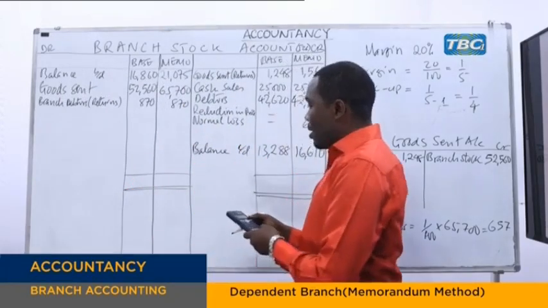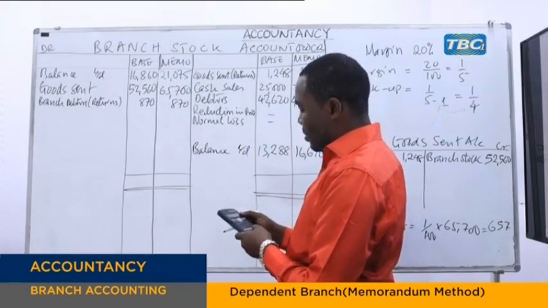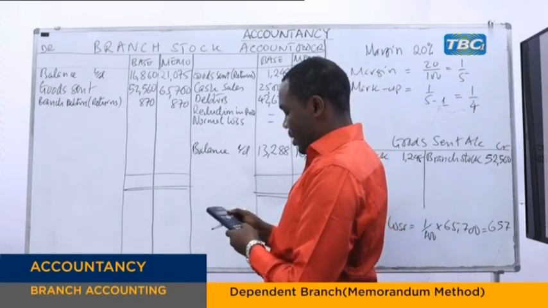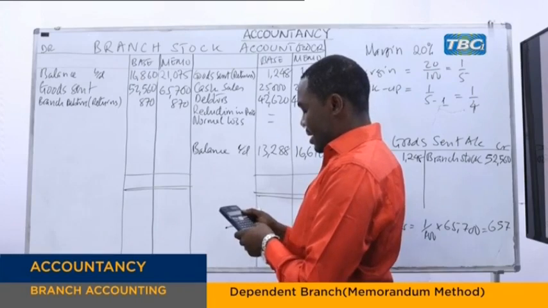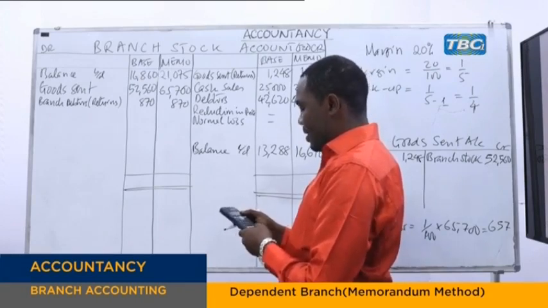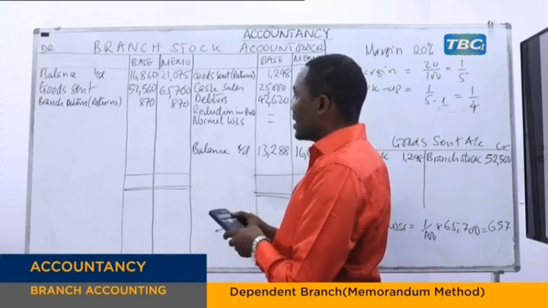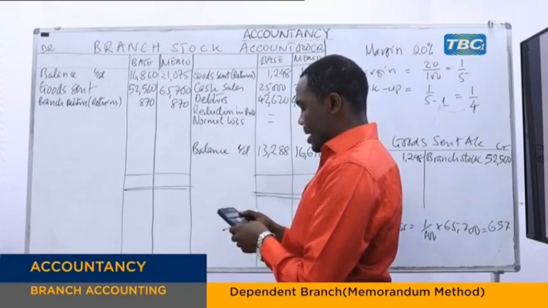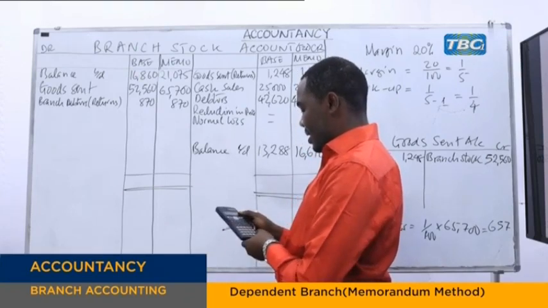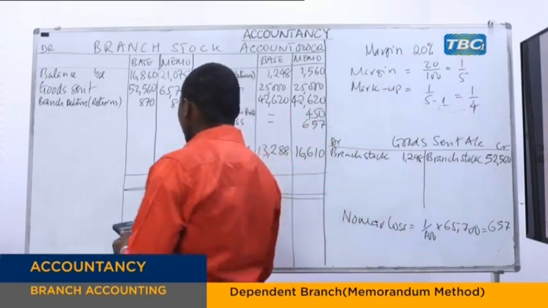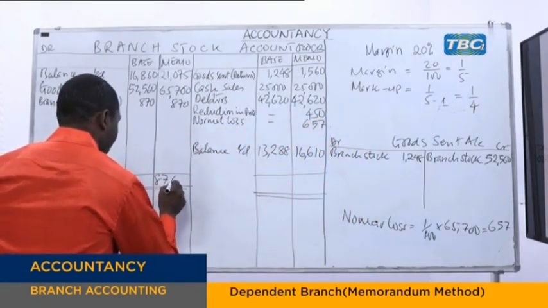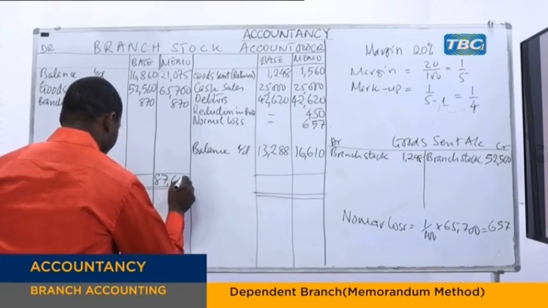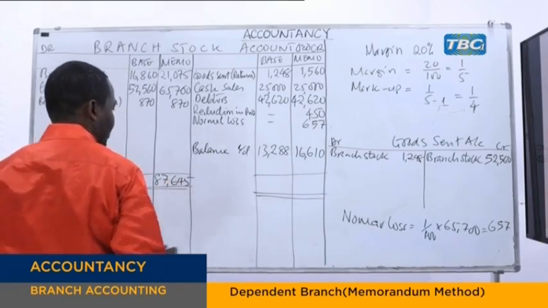So we have our opening balance 21,075 plus 65,700 plus 870. So we get our total here 87,645.